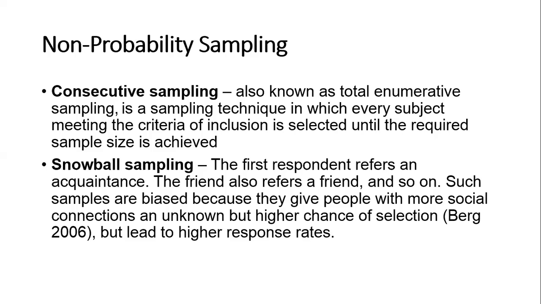So snowball sampling, the first respondent refers an acquaintance and so on, where people refer other people to be sampled. That's snowball sampling. All these are non-probability sampling.